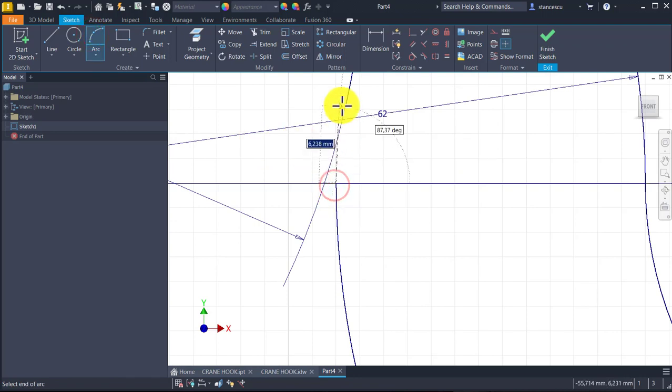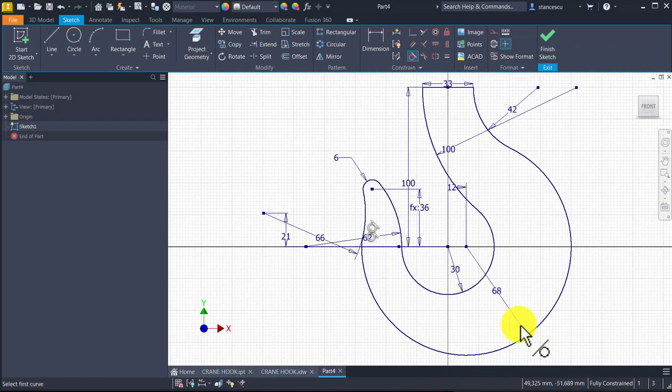Arc between these 2 points, tangent to both ends, tangent here and also here. Now we have a fully constrained sketch with this added combination of arcs.